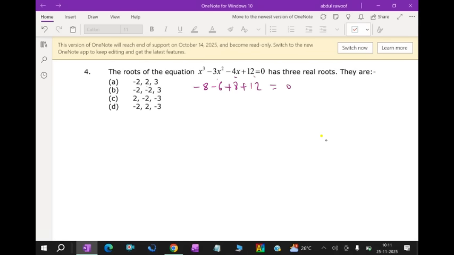Is it 0? Check here, minus 14 plus 20, it is not equal to 0. Like this, you have to try.